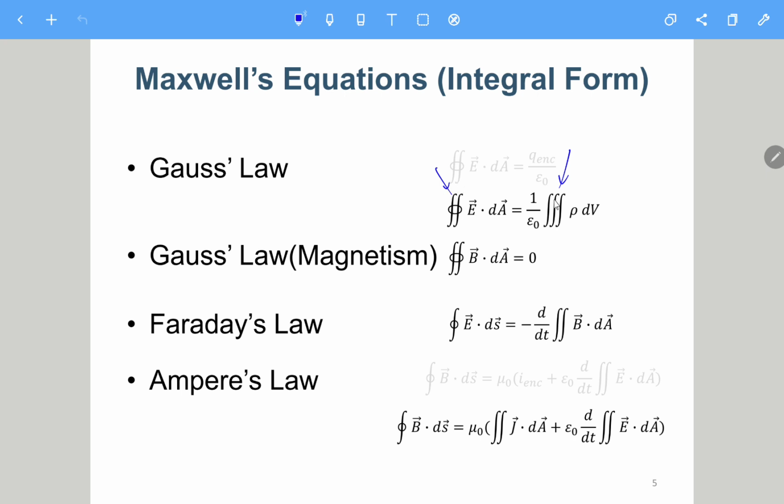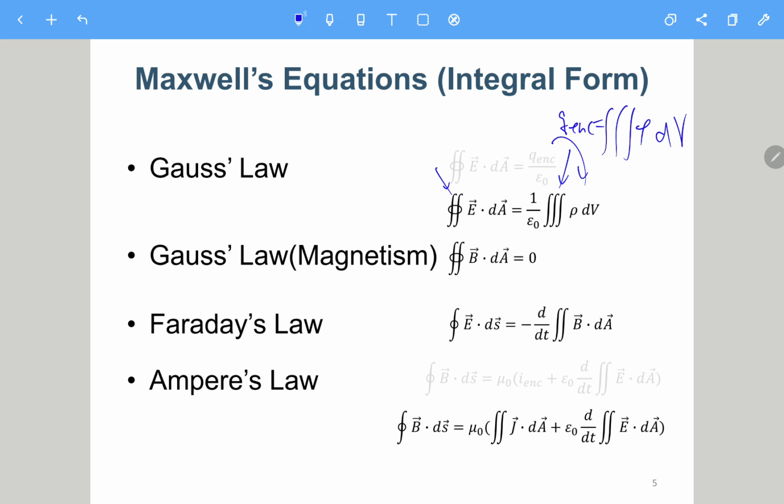Okay, so I just rewrite it something like this here, and also Q. This is the charge enclosed by the Gaussian surface. So here we rewrite Q enclosed as the triple integral of the charge density over the volume.